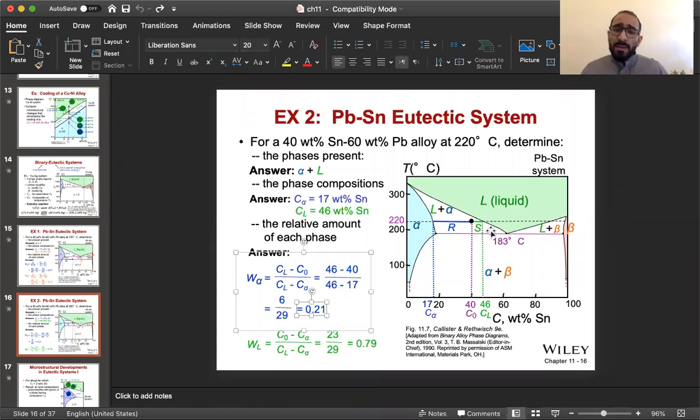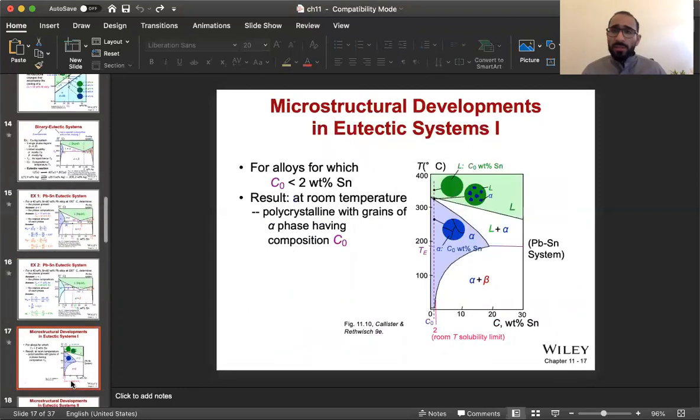But if you are at a composition between this point and this point, part of the liquid has already transformed to alpha. So at this point you have two different types of alpha: the alpha that transformed from the liquid, and the alpha that came from the previous stage on top of the eutectic temperature. We're going to talk about this in the coming few slides, inshallah.